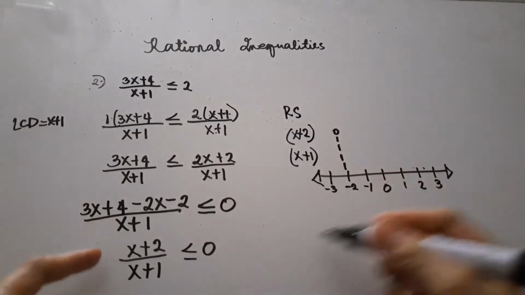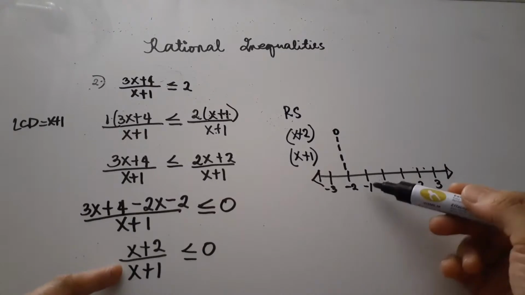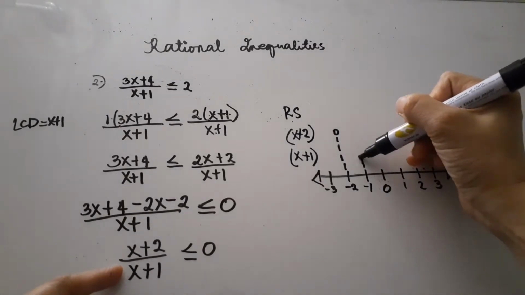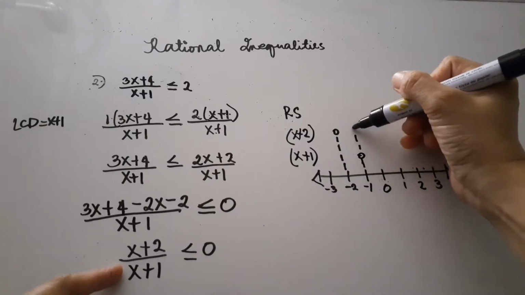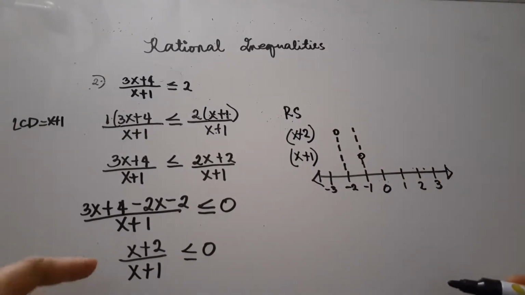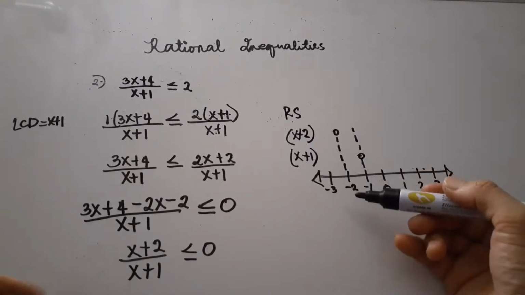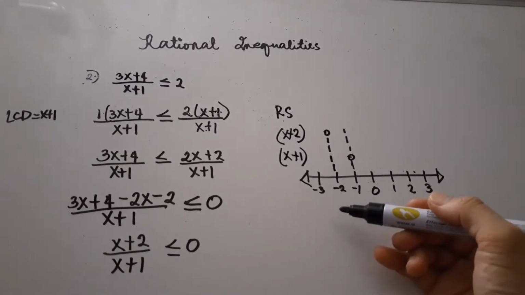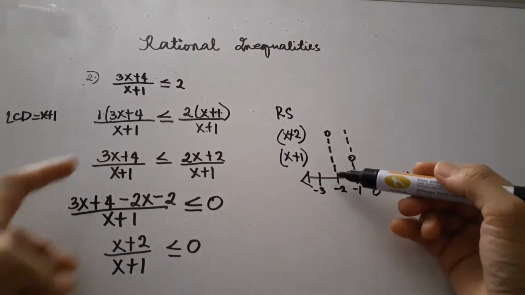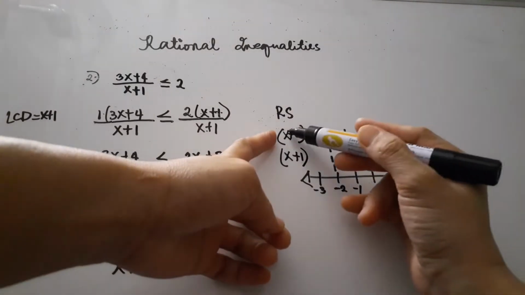So we can draw here. And then if x + 1 is equal to 0, it is negative 1. So it is open. And then we have three intervals. We have negative infinity here in these sections, and negative 2.